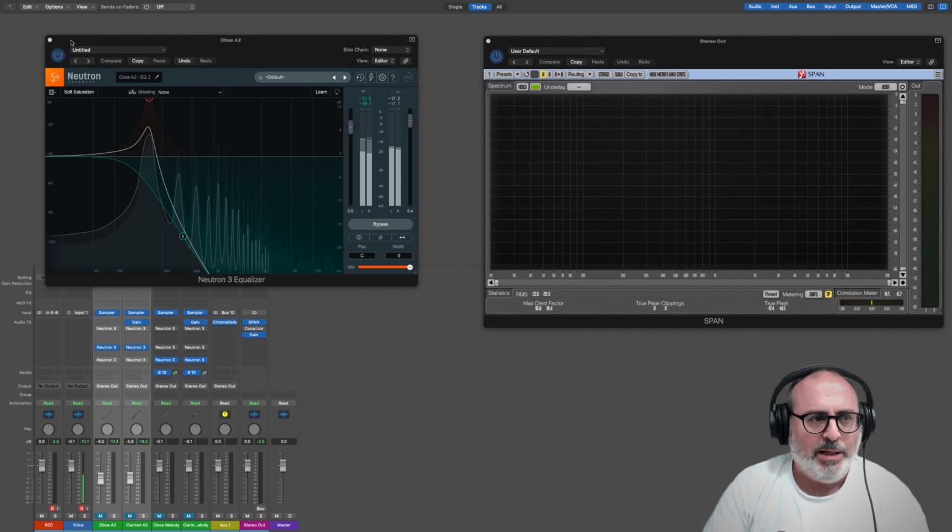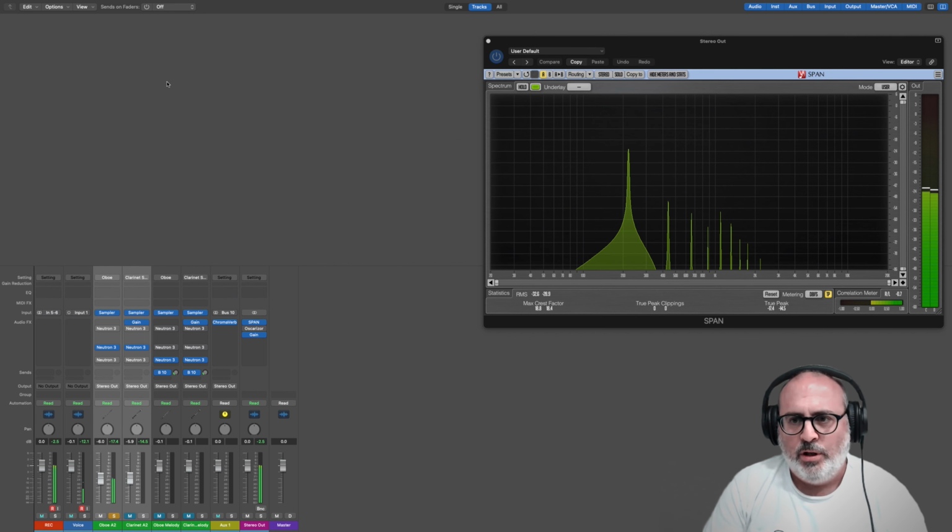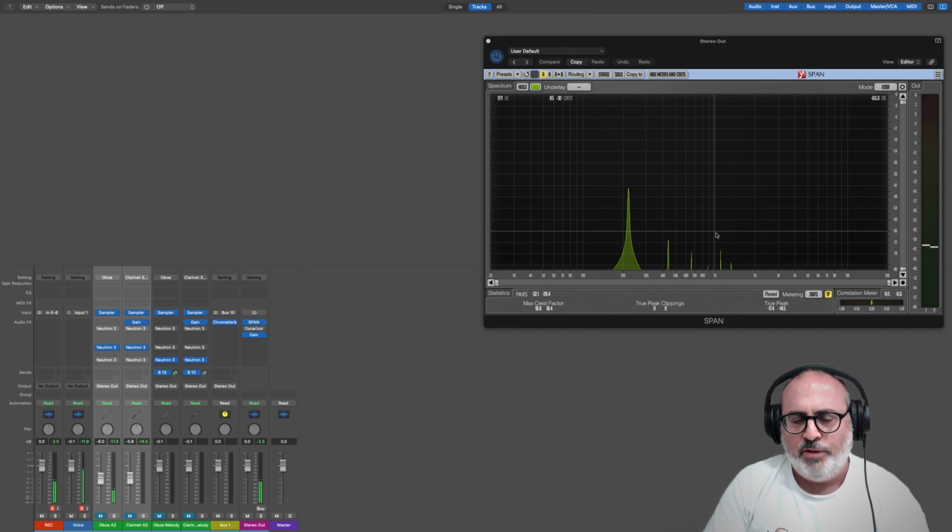And if we look at the spectrum, here's the oboe. So we still see harmonics and a fundamental. And here's the clarinet with its fundamental and its harmonics. And you can see that they look different, but since we've cut a lot of the harmonics and enhanced the fundamental, they sound pretty much the same.